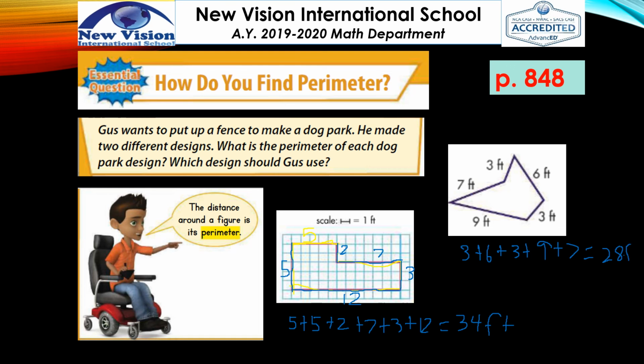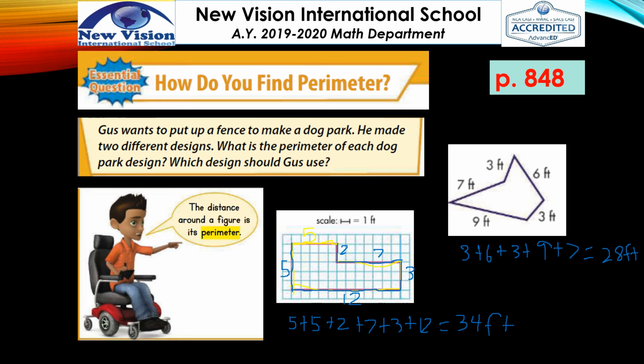Once again, do not forget the unit measure. Okay, good job. Now, the perimeter is 28 feet, and 28 feet is less than 30 feet. Gus could not use this design.